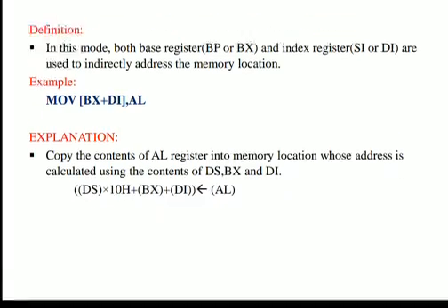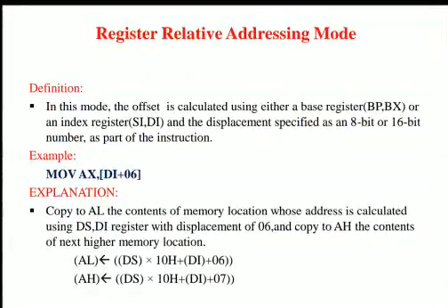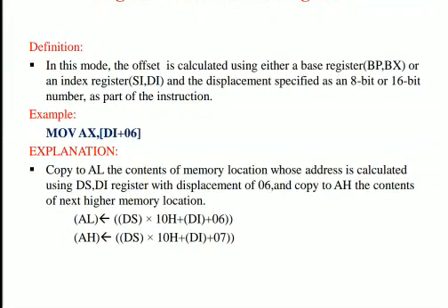Then the next addressing mode is register relative addressing mode. Relative specifies the displacement. Whenever you see relative, it means we have to put the displacement. Then what is meant by register? We can use either pointer type registers or index type registers.